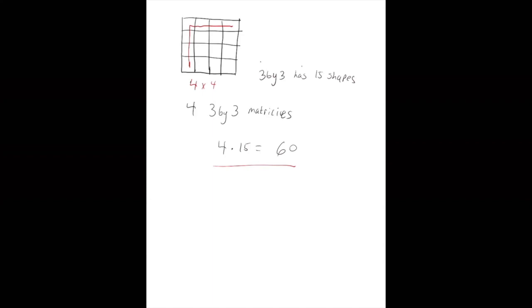So yeah, this shape is impossible in a 3 by 3 matrix, but now we see it in our 4 by 4 matrix, and we'll also see it moving forward in our 5 by 5. We can look at this shape that I'm highlighting here. That's new. We haven't seen that before.